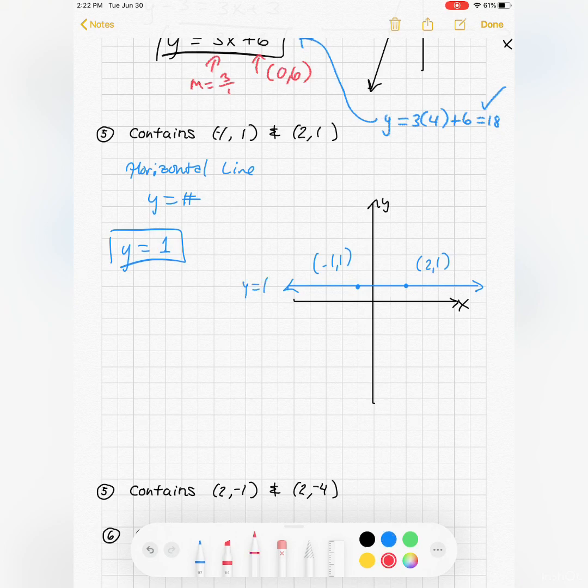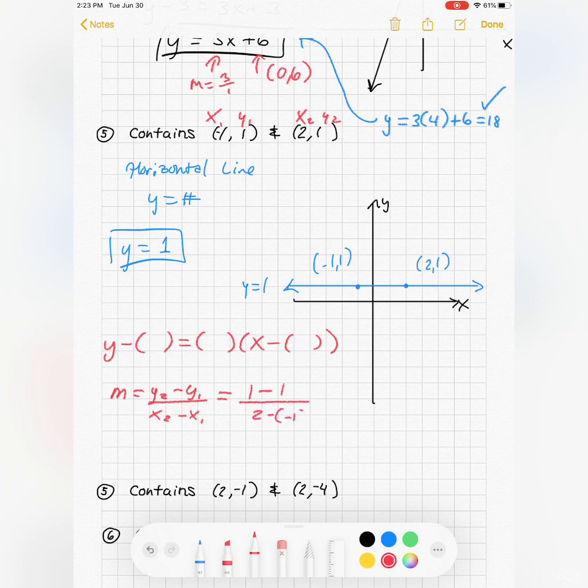I mean, if you really wanted to use the point slope form, you could, but it's not necessary for a special case, because if I went to find the slope, I'd do y2 minus y1 over x2 minus x1. So let's see. It'd be 1 minus 1 over 2 minus -1. It'd be 0.